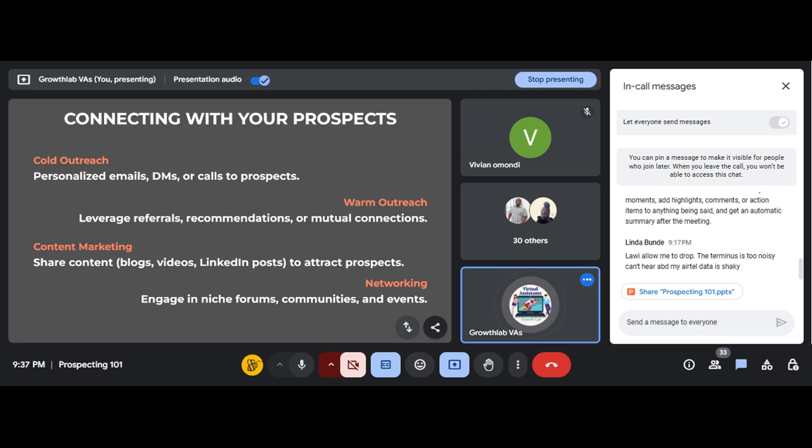Then networking, this is in niche forums, groups or communities or events. So, for example, if you join a Facebook group for business coaches, then you can network in there. You can be posting valuable content, interacting with the people there, and so on. So that makes the four methods that you can use.